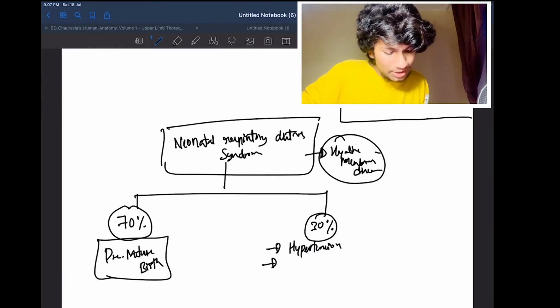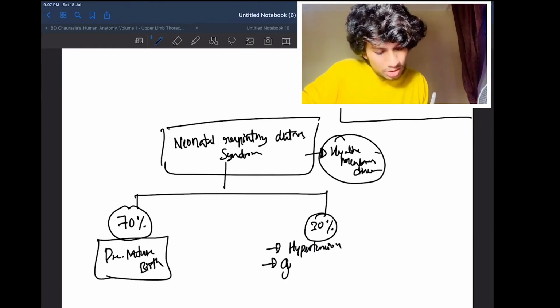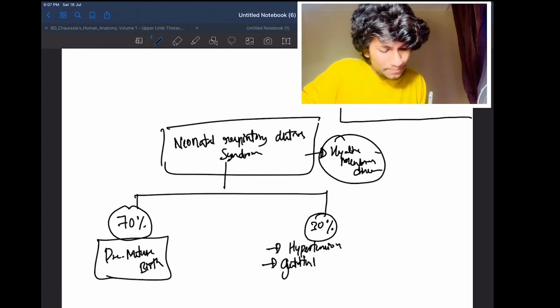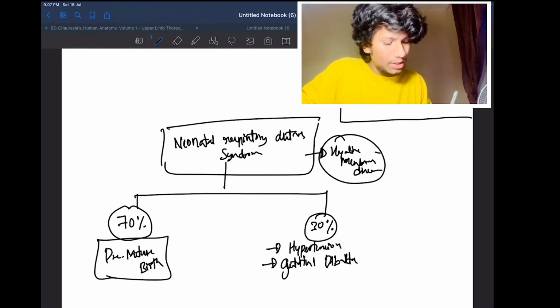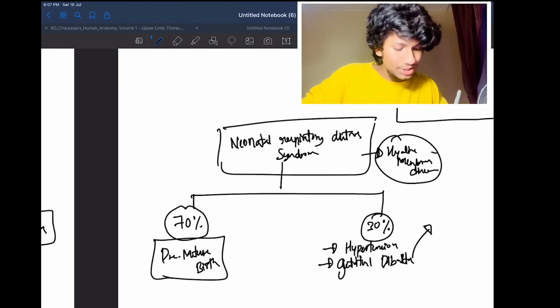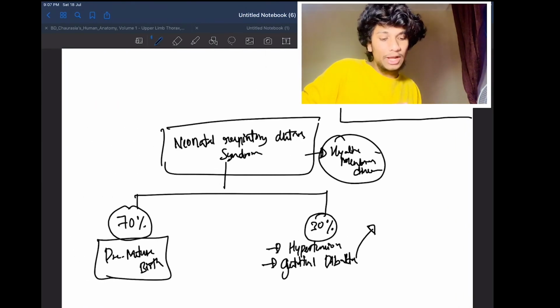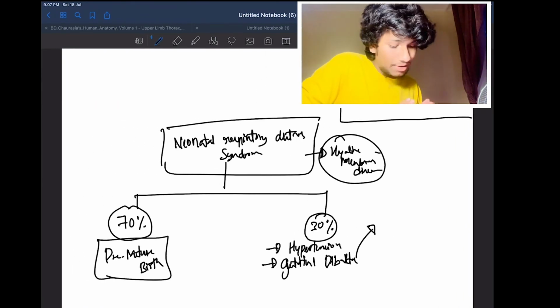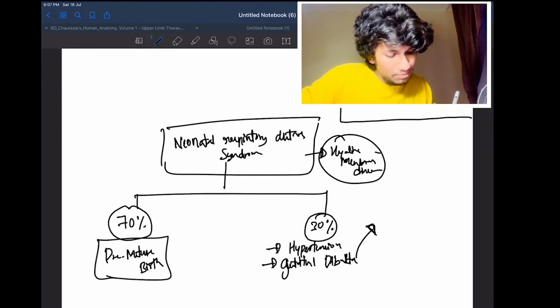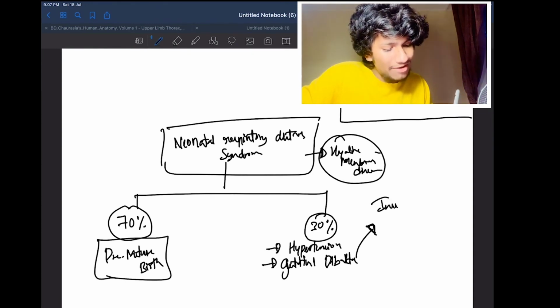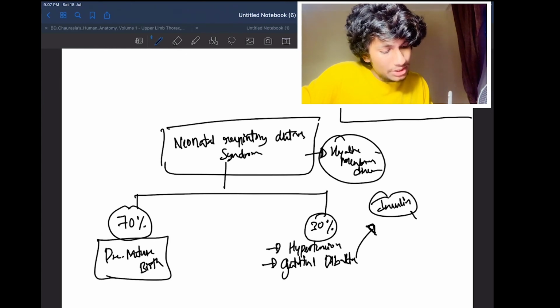And also let's see the gestational diabetes. What is this gestational diabetes and how is it linked with surfactant? It is linked with surfactant production through insulin.